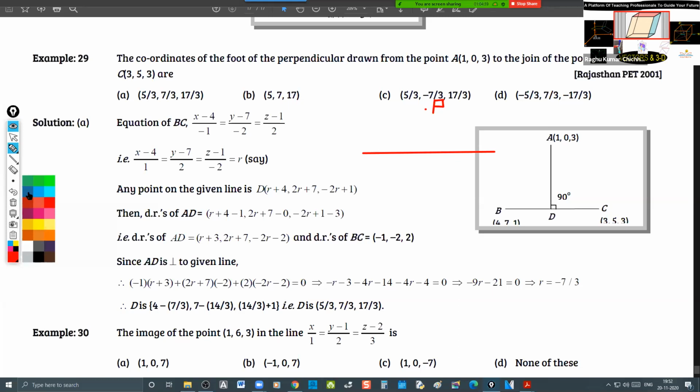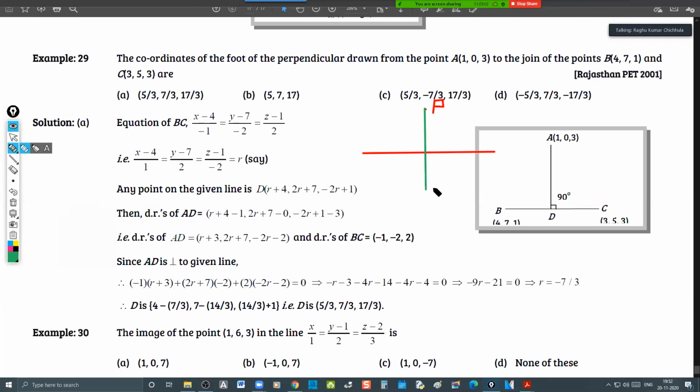The image of P in the line, let me say this as P dash.